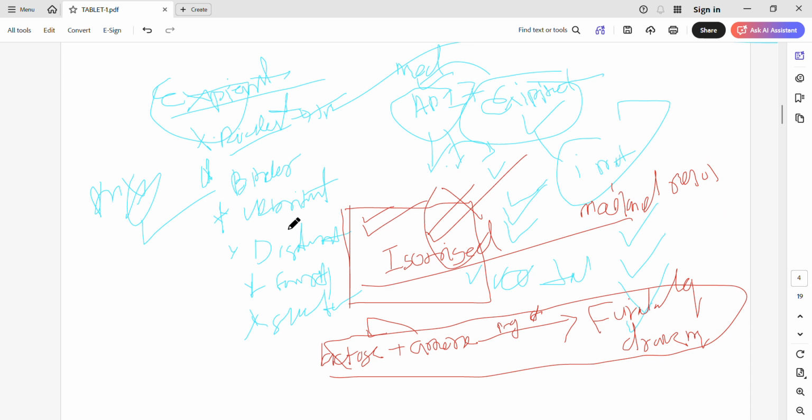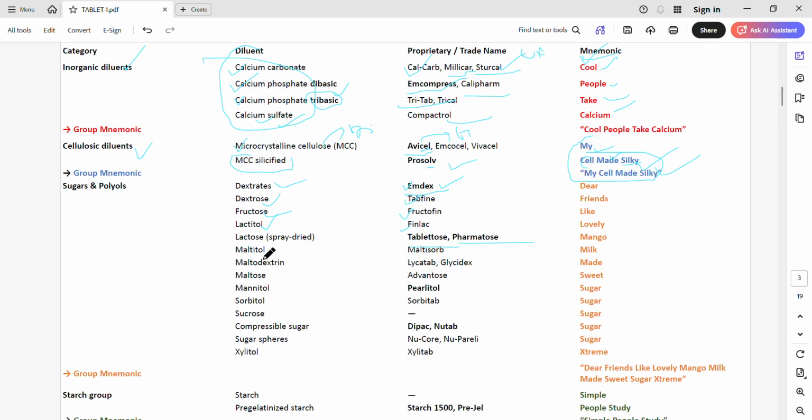So lactose is mainly a low-cost diluent which is used in the preparation of the tablet. It is also the most suitable diluent. Now we come to maltitol, which is Maltisorb, and maltodextrin, which is Glucidex. The main thing is that there are so many diluents and so many trade names. Mainly, we have to learn the important ones.